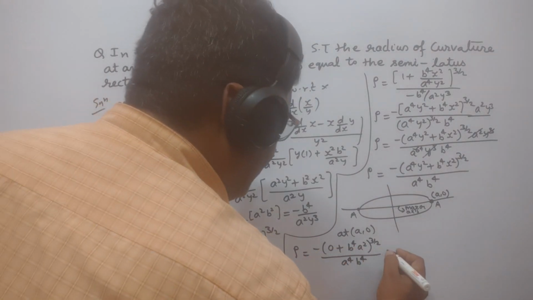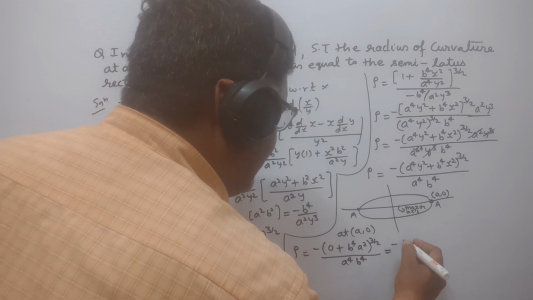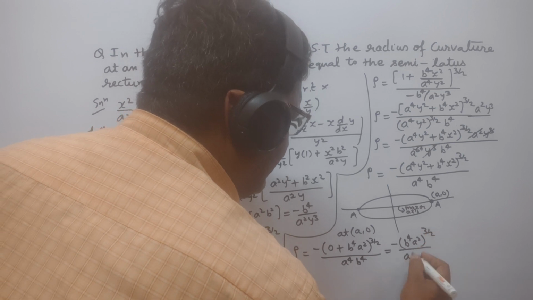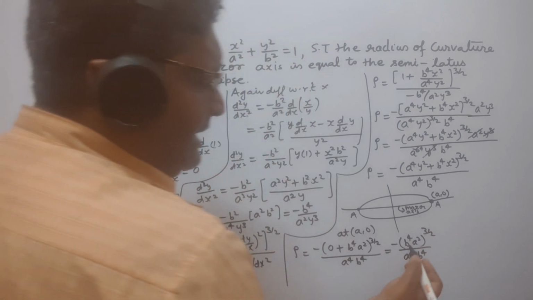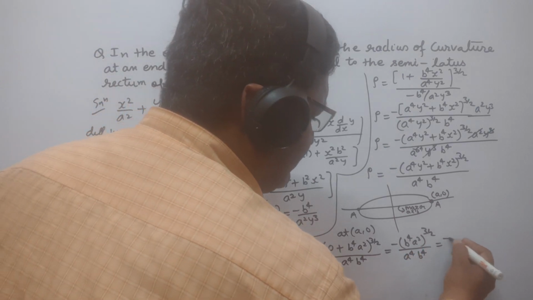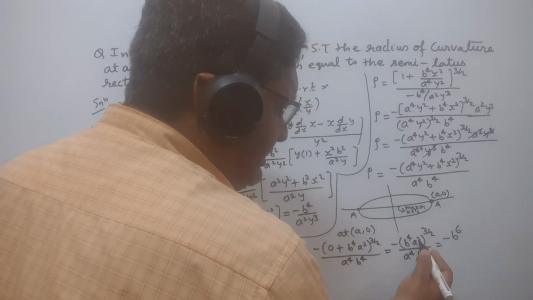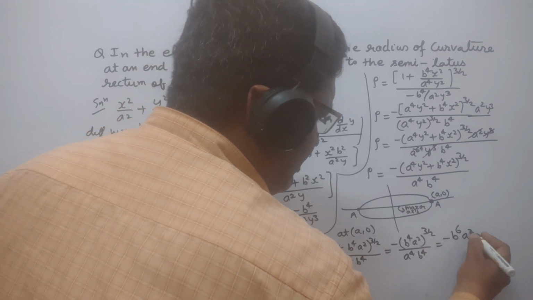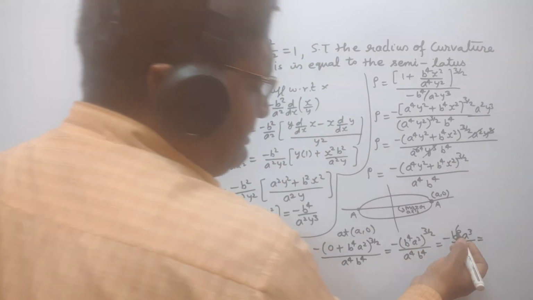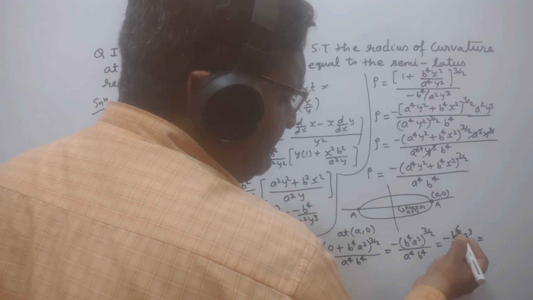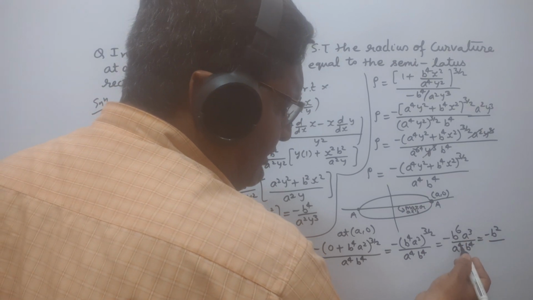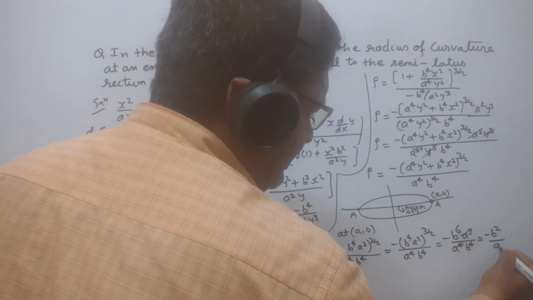So this is equal to minus b to the power 4 a square whole power 3 by 2 upon a to the power 4 b to the power 4, and this power 4 is cancelled by 2, 2 to the 4 and 2 multiplied by 3, so this is 6, so b to the power 6, and this square is cancelled by 2, so here a cube upon a to the power 4 b to the power 4. So this power 6 and this b to the power 4 cancel and we get b square, and this a cube cancels with a to the power 4, so this is a.